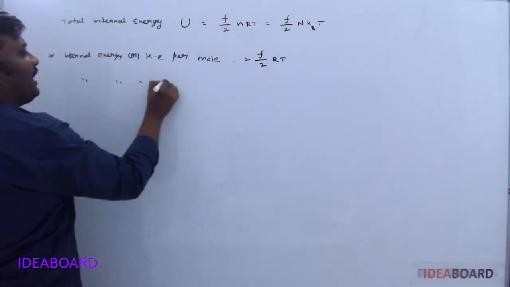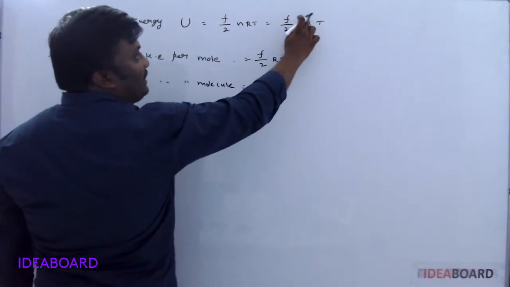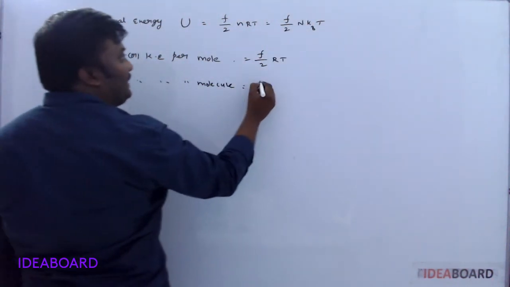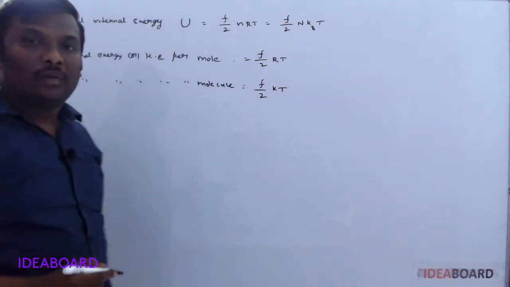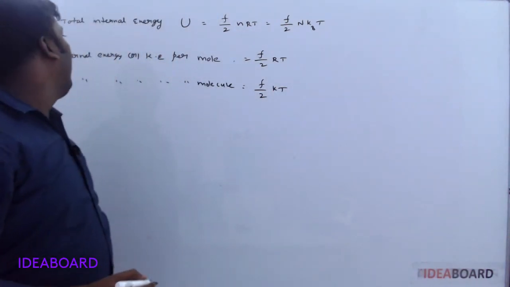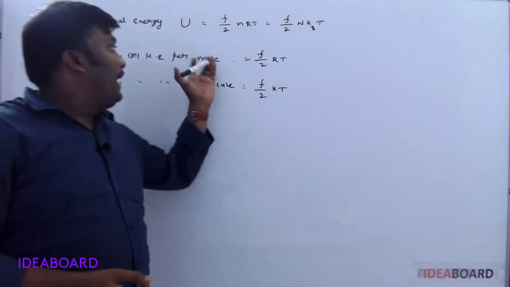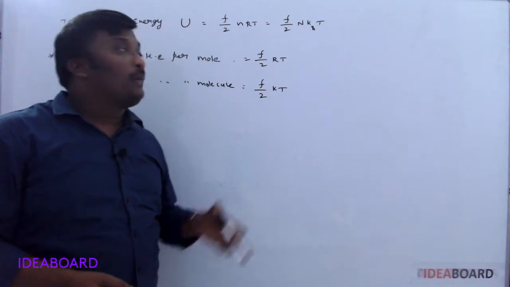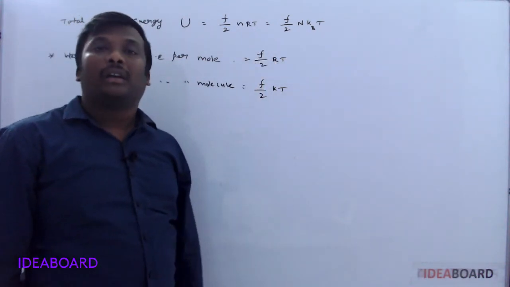Internal energy or kinetic energy per molecule, if they ask about the number of molecules, is F by 2 kT. If they ask what the internal energy per mole is for a monoatomic gas, the degrees of freedom are 3, so the answer is 3 by 2 RT.